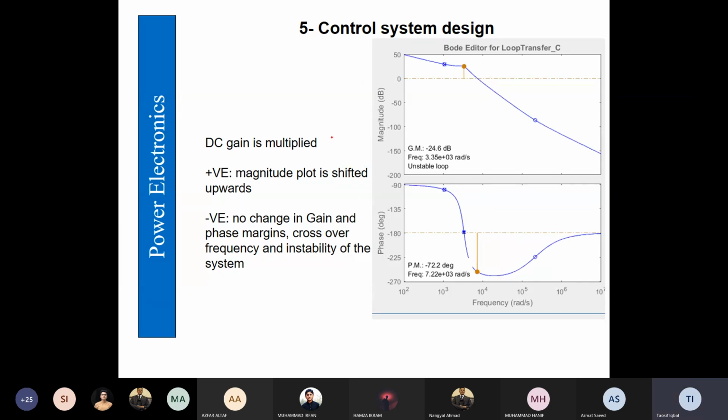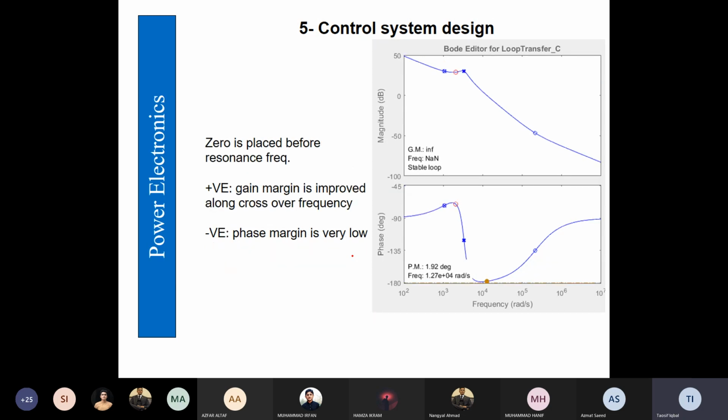We add some DC gain to pull up the magnitude plot, but the phase margin and the phase plot remain at the same point. There is no change in the phase plot.